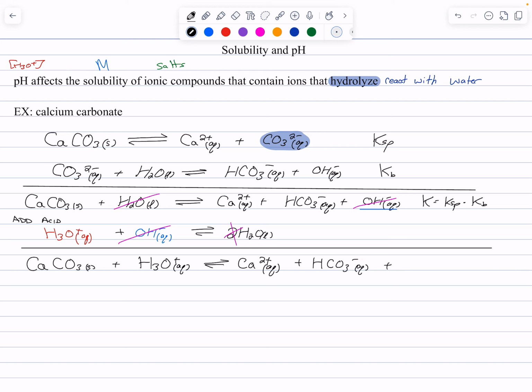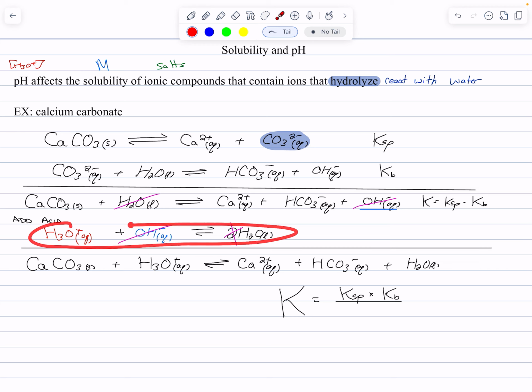And we'd have water. And this K now would be whatever KSP is times whatever KB is, all over what? Well, the reaction right here is 1 over Kw.